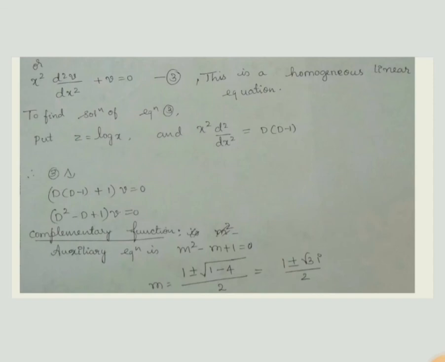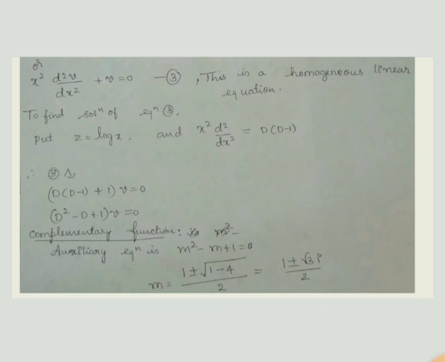Now to find the complementary function, we have to consider the auxiliary equation, that is of the form f of m is equal to 0. But here it is m square minus m plus 1 is equal to 0. So what we have to find here? Roots of this auxiliary equation. So apply the formula. m is equal to minus b plus or minus square root of b square minus 4ac divided by 2a.